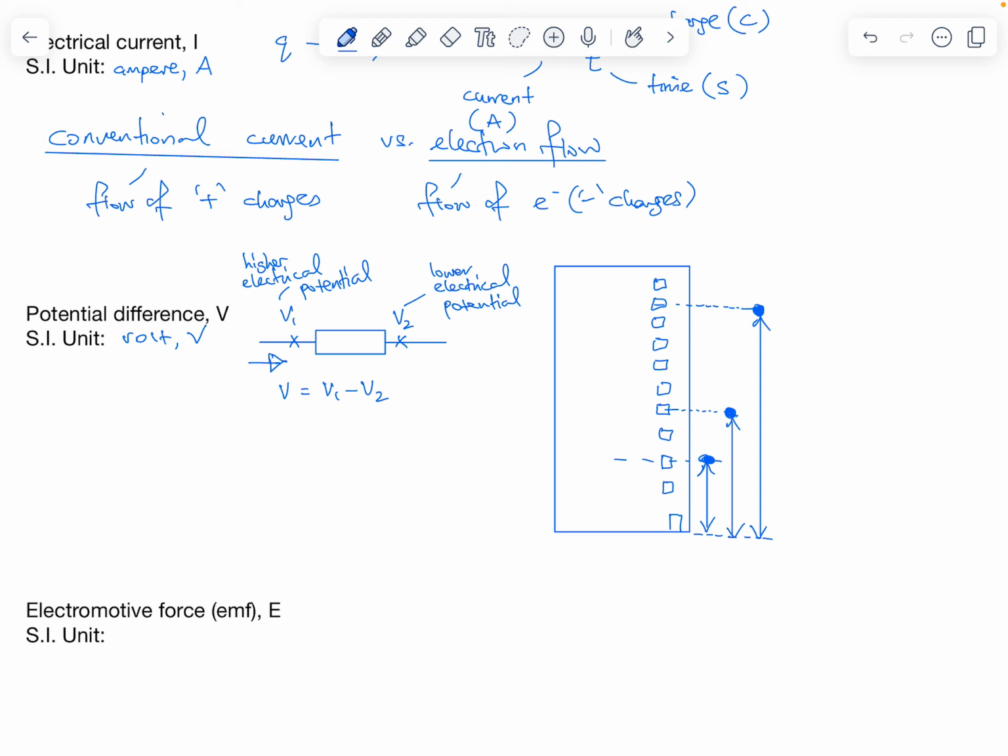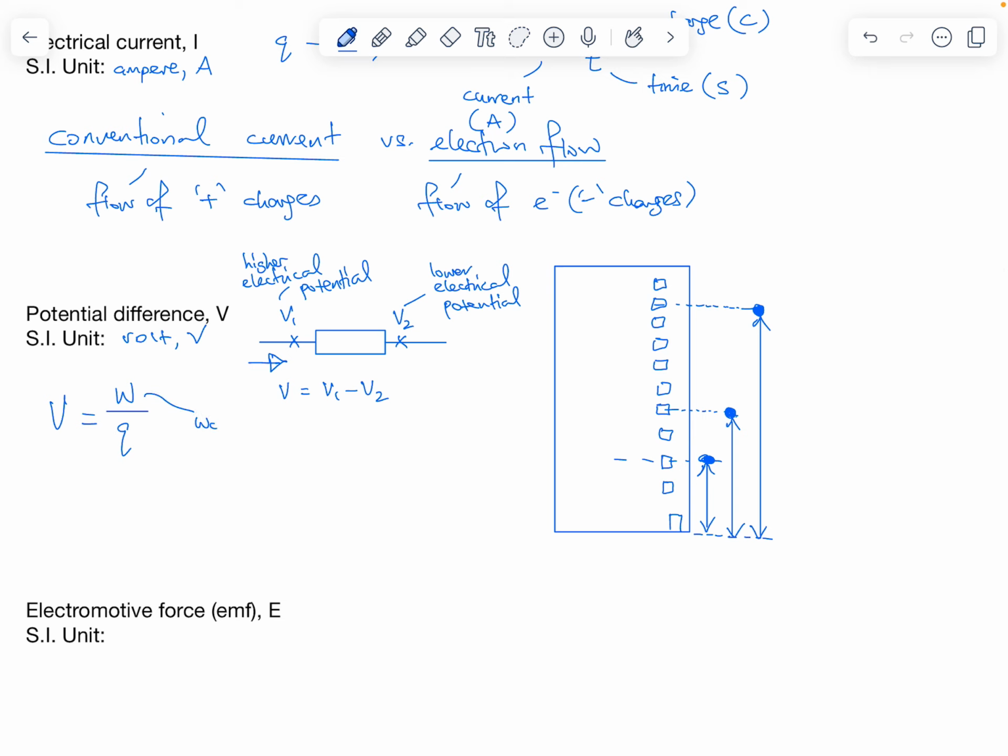It's V1, the higher electrical potential, minus V2, the lower electrical potential. So there is a formula that describes this. It is potential difference equal to the work done per unit charge.